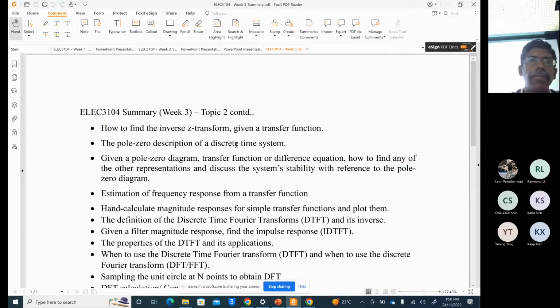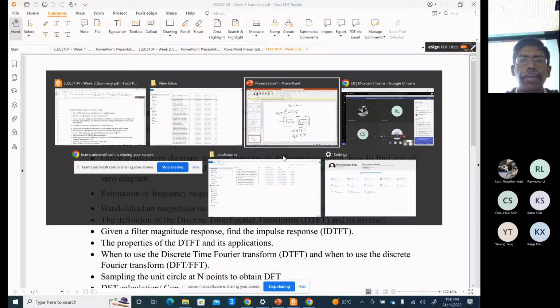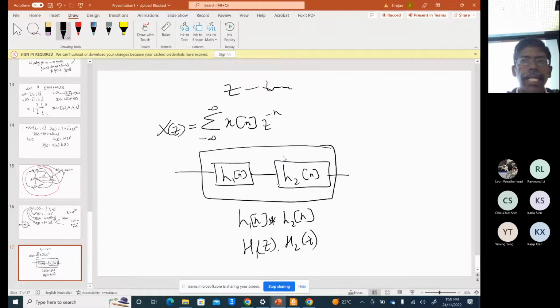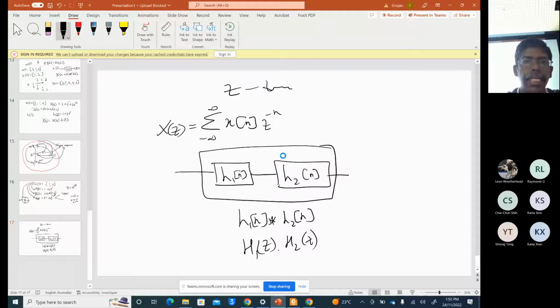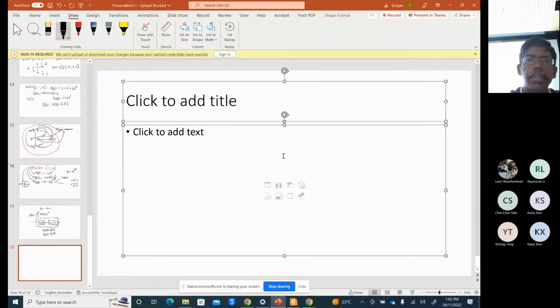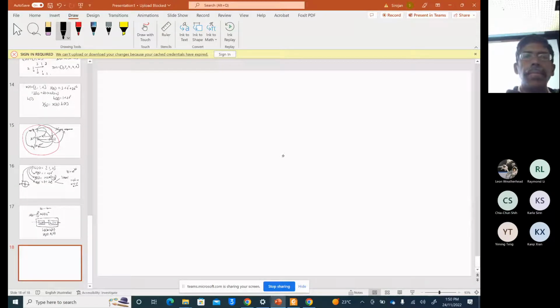So how to find the inverse Z transform? When you are to find the inverse Z transform, again, what you have to do is break that into the pattern in the table. The other one is you have to use the partial fraction.